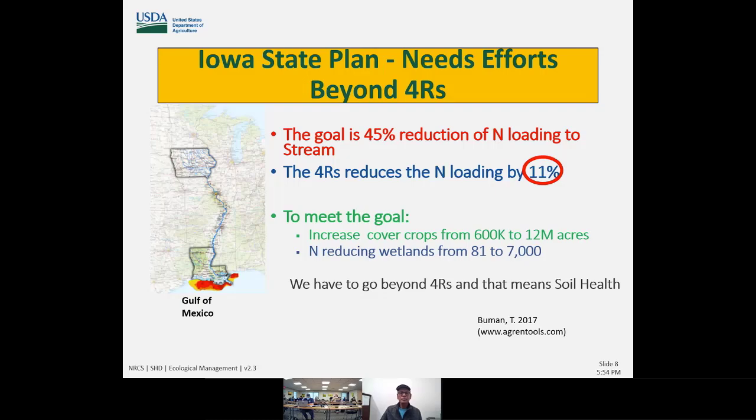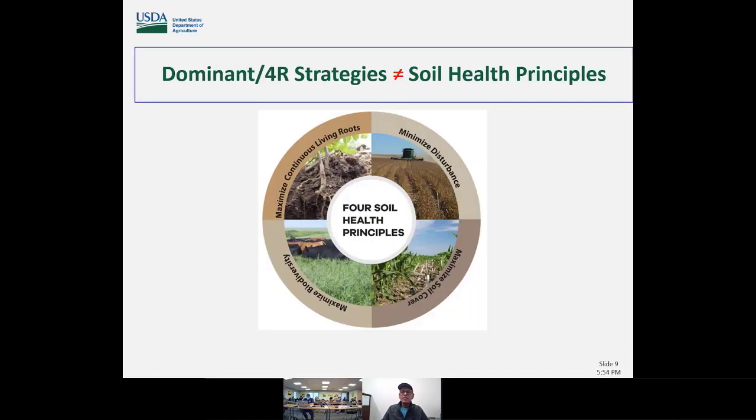So what does it mean? We have to go beyond the 4R strategy. That means soil health practices. The question is, does this dominant 4R strategy, nutrient management, follow the soil health principles?